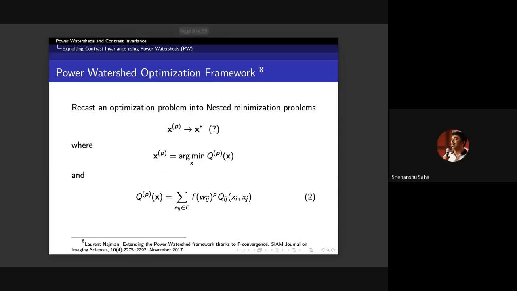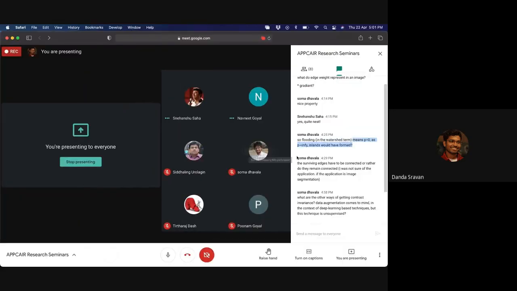The question is regarding flooding. Okay. Am I audible? Yes. I can clarify the question. Yeah, I think it's just semantics. You're saying it's a power watershed algorithm, right?